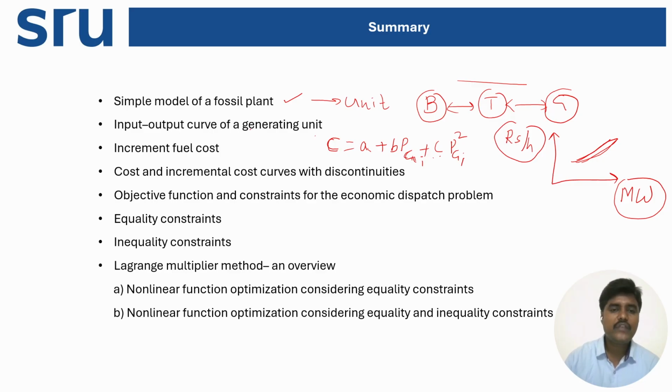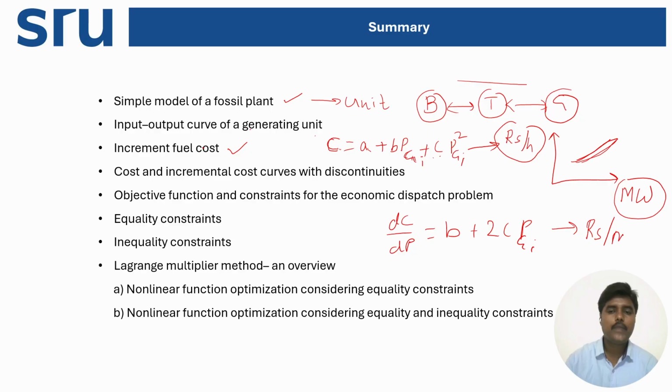Once you differentiate this cost function with respect to power output, it gives you the incremental fuel cost, dC by dP, which is B plus 2C into PGi. This can be expressed in rupees per megawatt hour. This is called the incremental fuel cost curve, IFC, or in short IC.